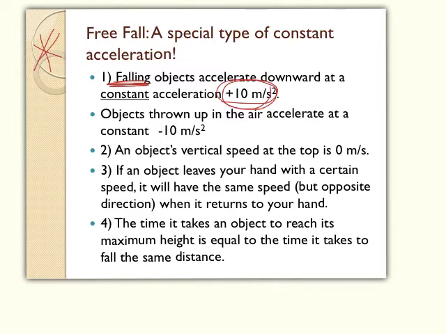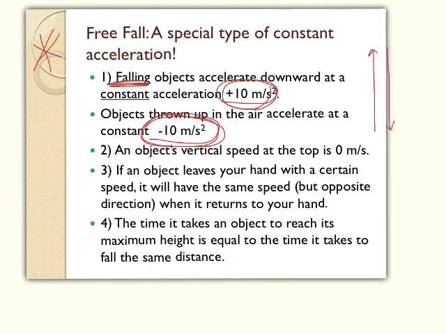Now, there can also be problems where you start by throwing something up in the air. When it's moving up, what's happening to the speed? Hopefully you are saying it slows down. So for a portion of a trip that is up, you have to use negative 10 meters per second squared. A lot of free fall problems involve something going up and then coming back down.